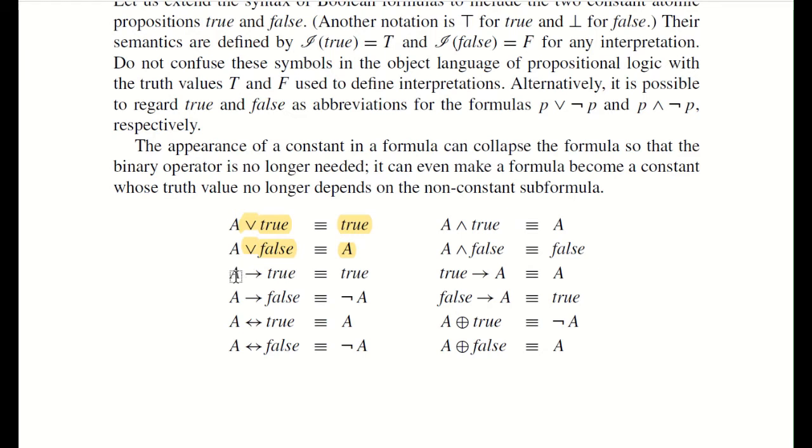If we have an implication from some formula to true, we get true. If we have an implication to false, we will get not A. Yeah, and so on. These are also important here and here.